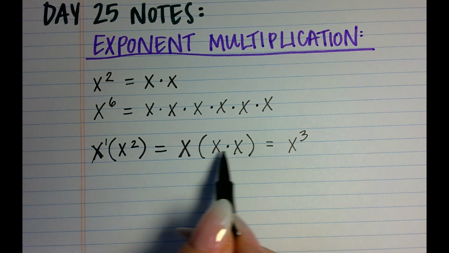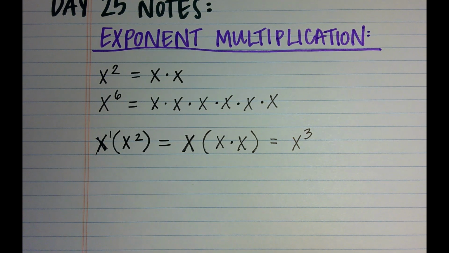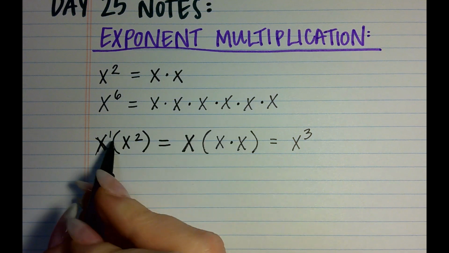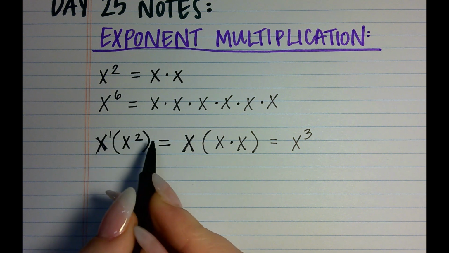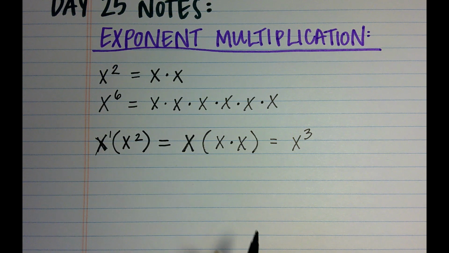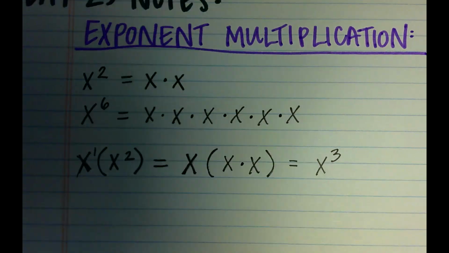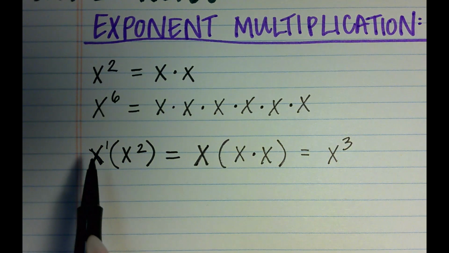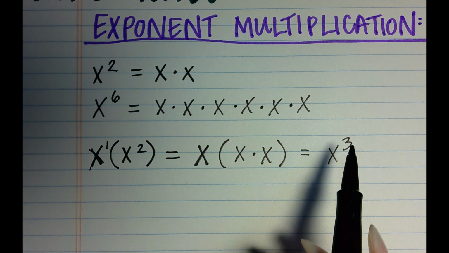So all that happens when we multiply exponents is essentially, the shortcut to this is we can add the numbers together that are in our exponents. So let me zoom in a little. X times x squared is x to the 3rd power.